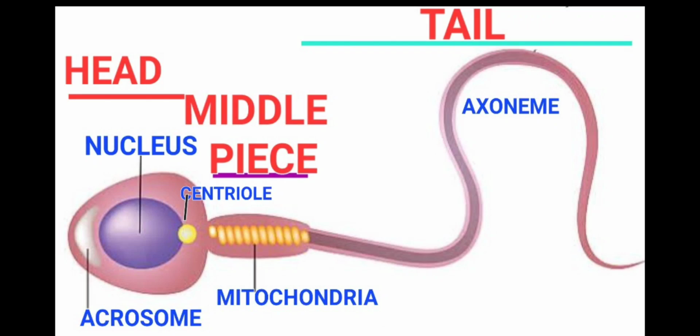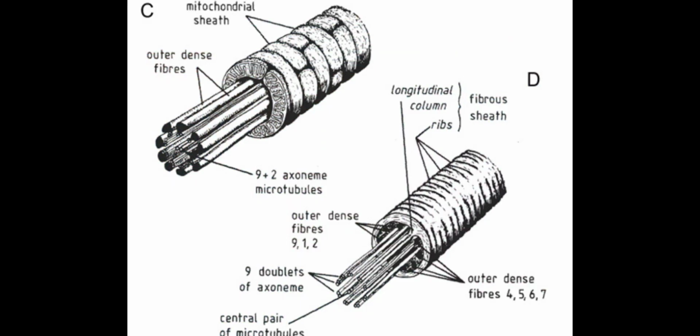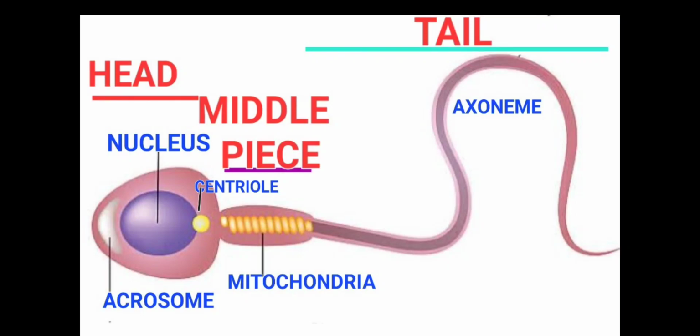Then the sperm tail is the last portion. This is built upon a typical 9+2 microtubule structure of cilia and flagella, which is regulated by the hundreds of microtubules that are associated with proteins and the motor proteins which are involved in controlling the swimming direction for the sperm cells.